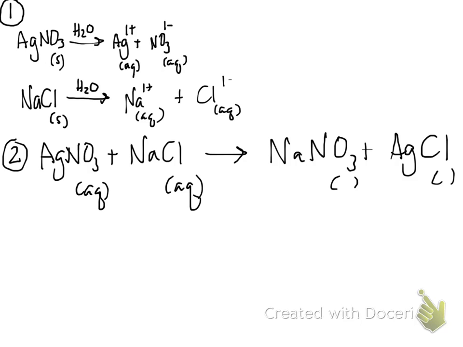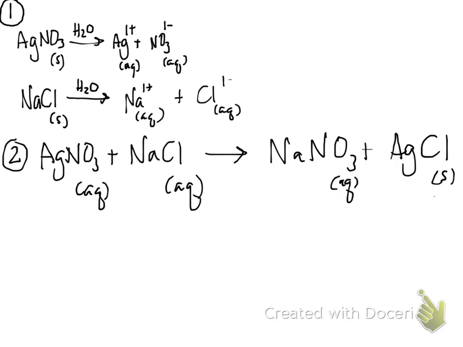Now, we already did that as sort of a practice run. So sodium nitrate was soluble, yeah. So that one's still going to be aqueous. The silver chloride, however, was insoluble. So it's going to be a solid. So that's our second step. We've now filled in all of our state stuff in the double replacement reaction.